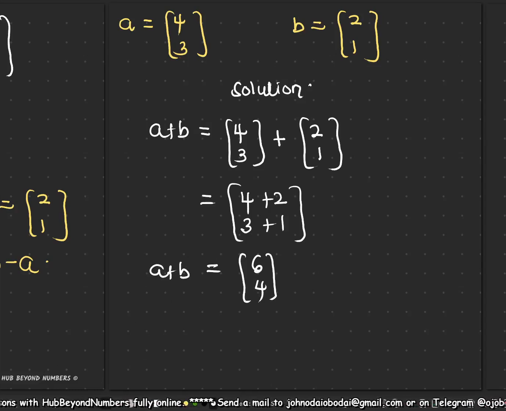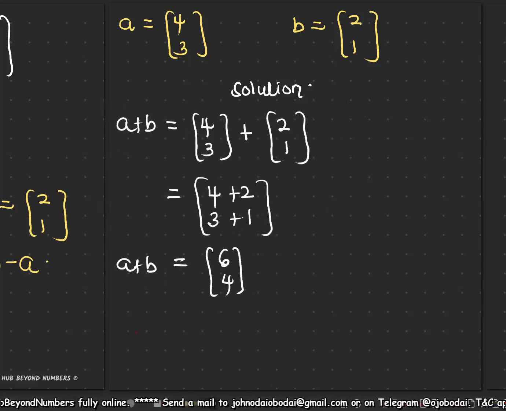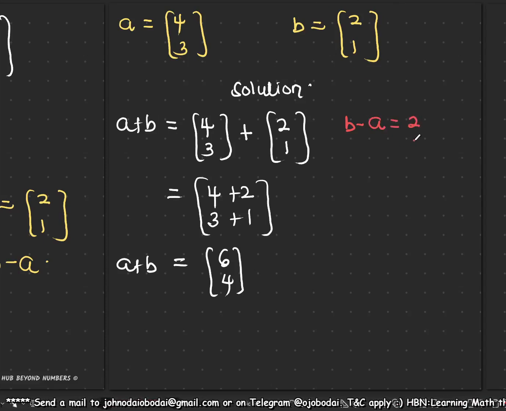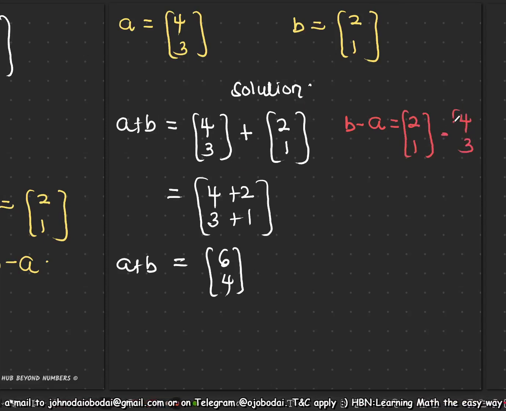All right. Now, on the other hand, if you want the next part of the question, which says we should look for B minus A. So our B minus A is also going to be our B first, which is 2, 1, then minus the A, which was 4, 3.